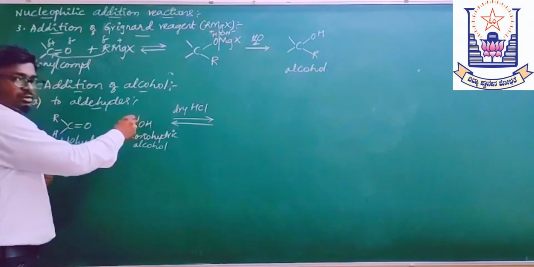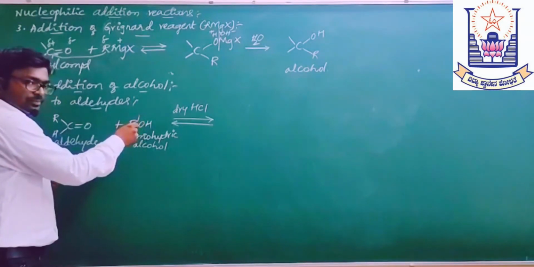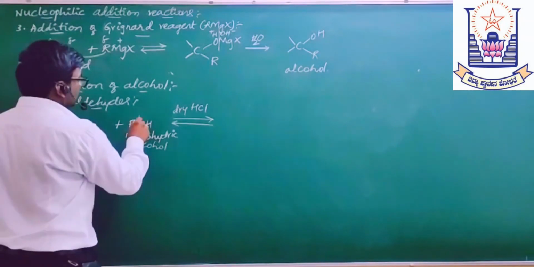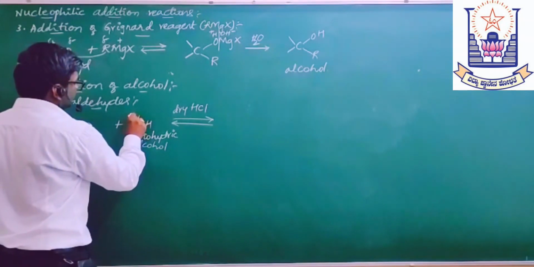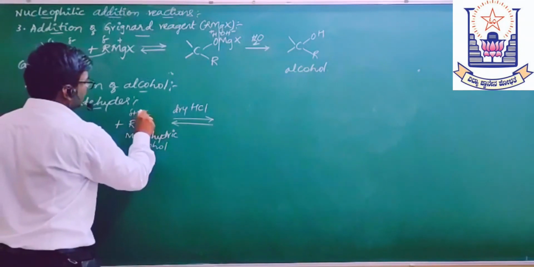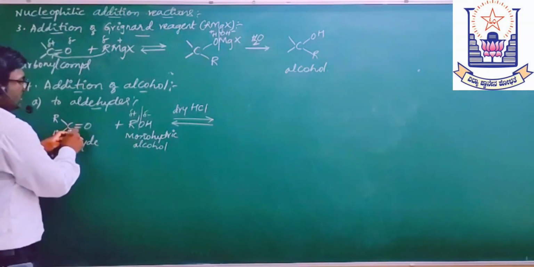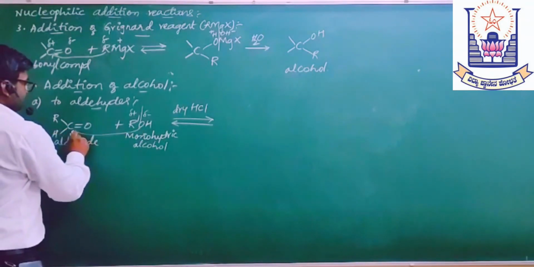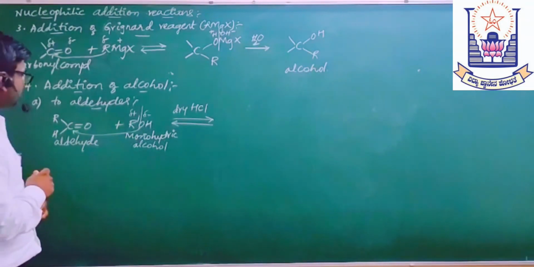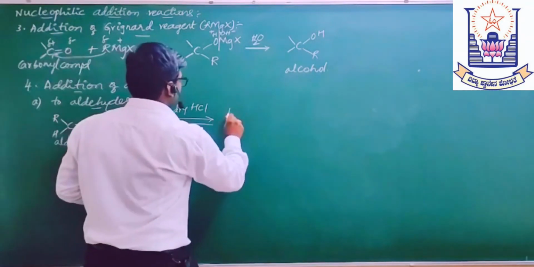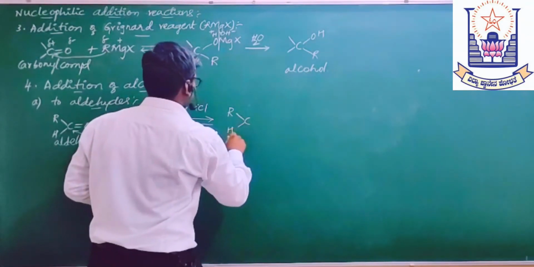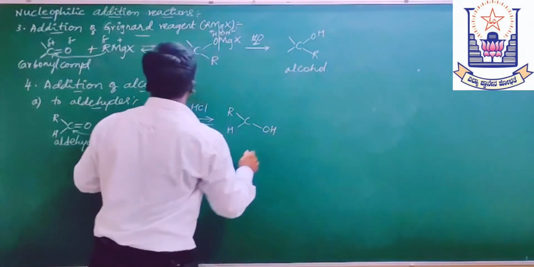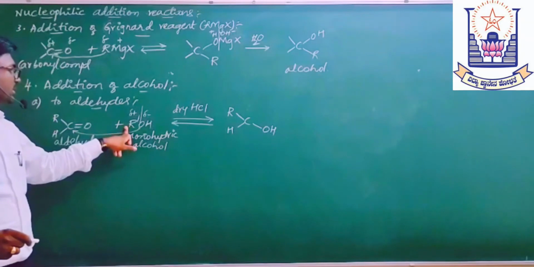There is a positive part and there is a negative part, delta plus and delta minus. Here the carbon will be attacked by the alcohol oxygen. Now you will get RCH, and on this C you are getting OH, and this O will join with this plus.